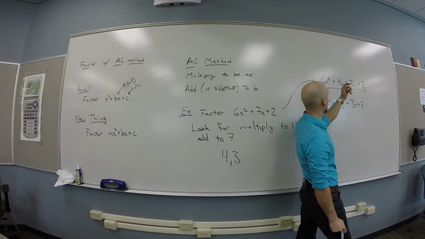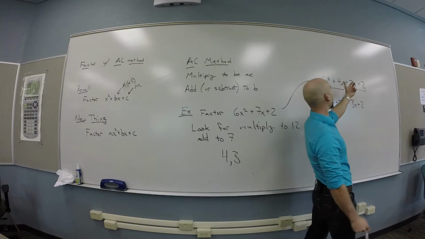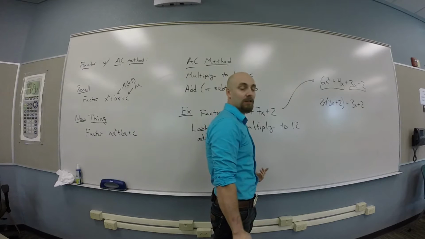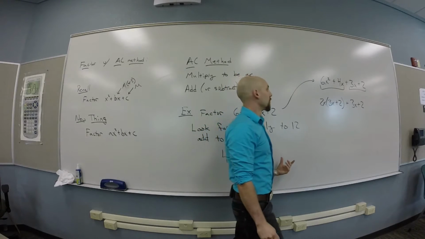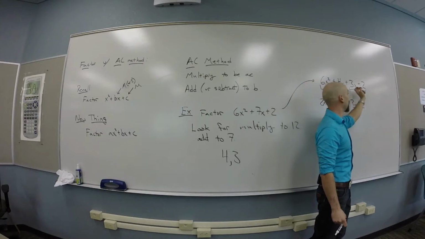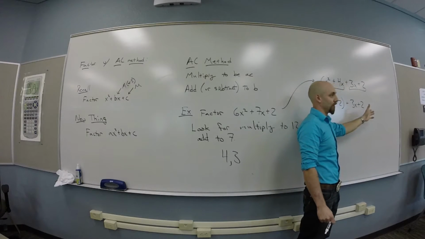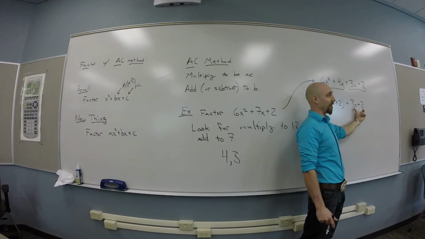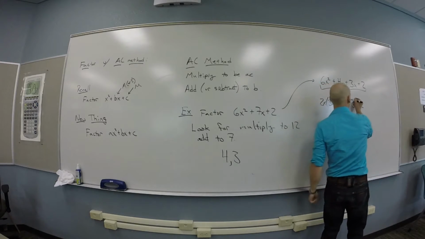I just want you to know that when I do the AC method, I write the middle term broken into the two numbers I've selected, and then I factor everything I can out of the left two things and everything I can out of the right two things. Everything I could factor out of this happened to be 1, right? Can you see that?